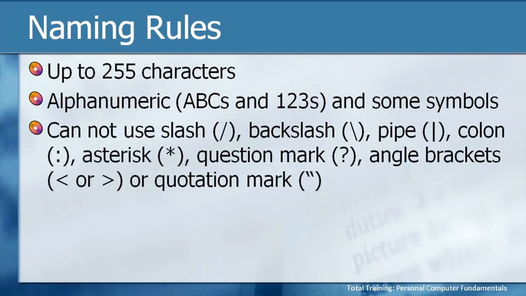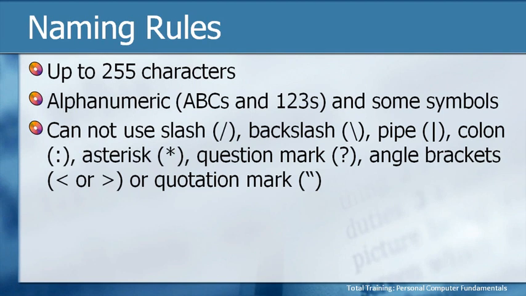I recommend that you do not use symbols at all, but you definitely, in a Windows environment, can't use the slash, the backslash, the pipe, the colon, the asterisk, the question mark, the angle brackets, or a quotation mark.